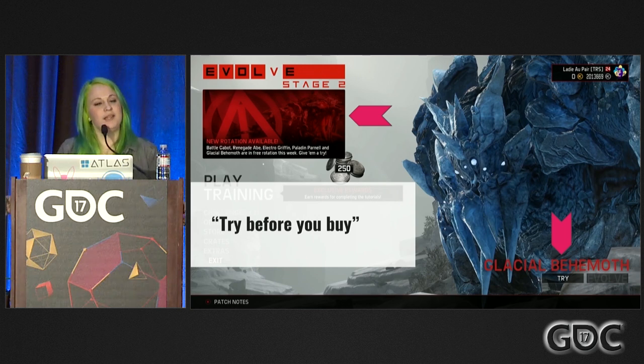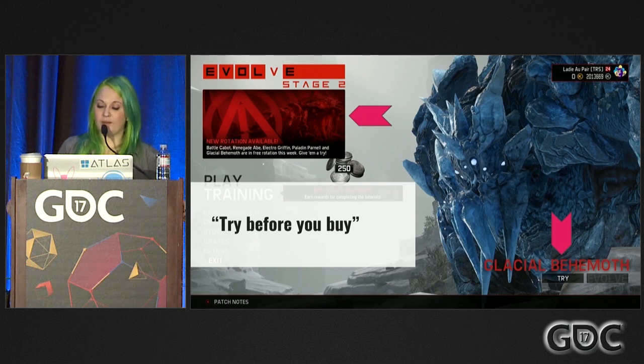So now anyone could download the game, anyone could play for free, but you could still spend either real money or in-game currency to unlock new characters, unlock new perks. And again, we really had no way for any particular player to know if they liked that character or if they could even use that character or that perk without that initial investment. So again, we wanted to give the players this information.